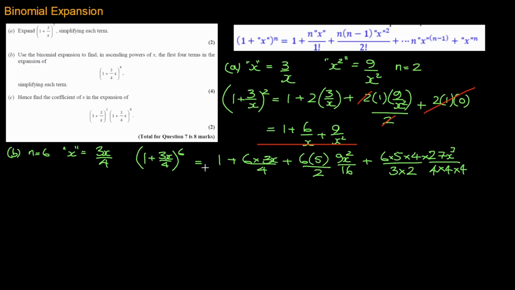Okay, it's cancelling time now. We've got a common 2 here, so that goes down to 2, that goes down to 3. 2 goes into the 6 3 times. 2 will go with the 6, leaving 3. Then the 3 will go with the 3, leaving 1. One of these 4s will go with that 4.